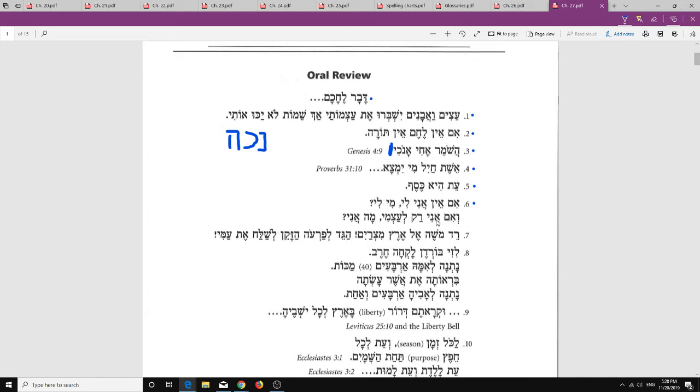And if I am only, for, here we have atzmi, so we have a pronominal suffix at the end, a lamed preposition at the beginning, and in the middle we have atzam, which is bone or essence.